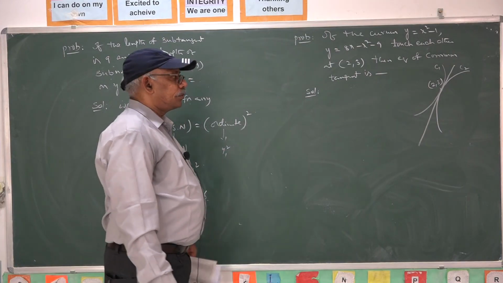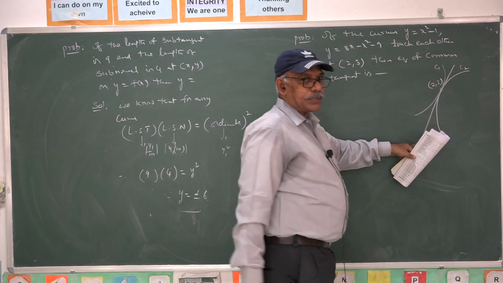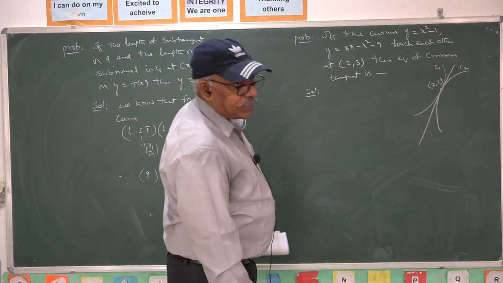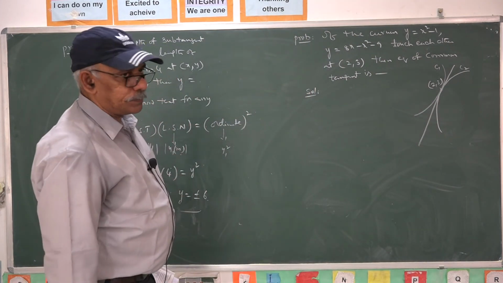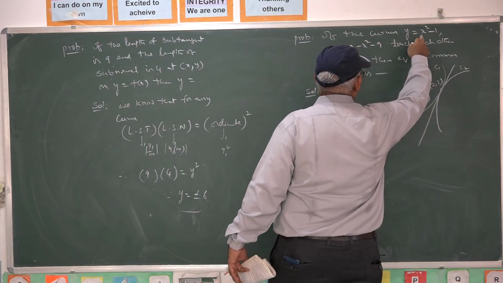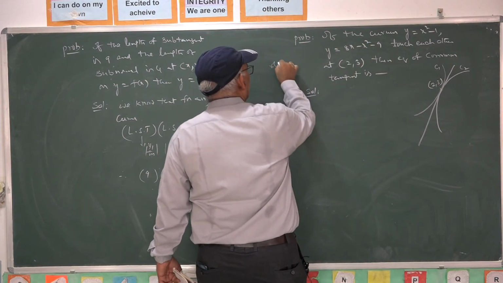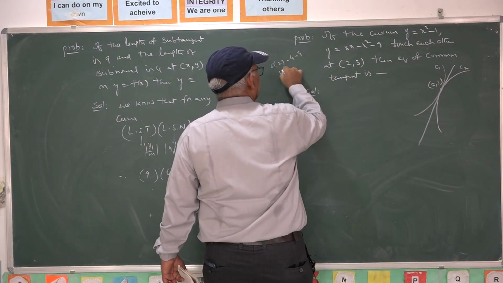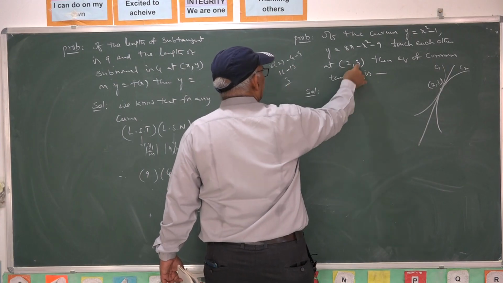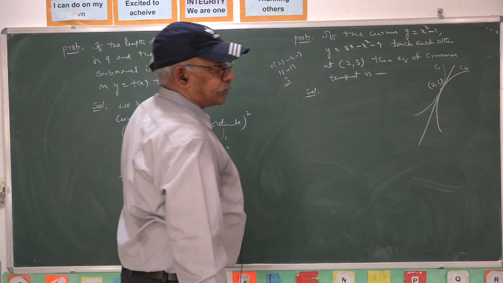To evaluate the common tangent equation, find the slope of the tangent from any curve. Because 2, 3, once you put x equal to 2, y is clearly 3. Taking x equal to 2 here, 8 into 2 minus 4 minus 9, 16 minus 13, that is 3. So, 2, 3 is a common point to both the curves.